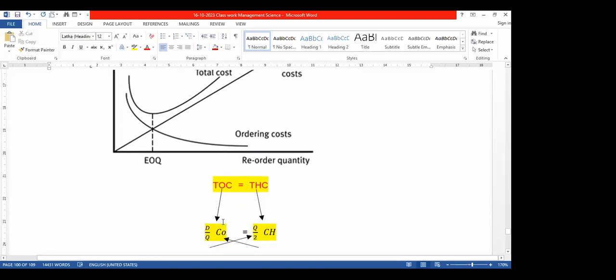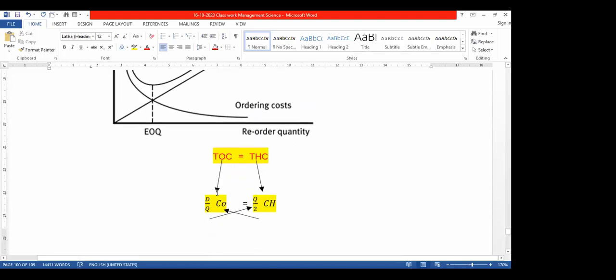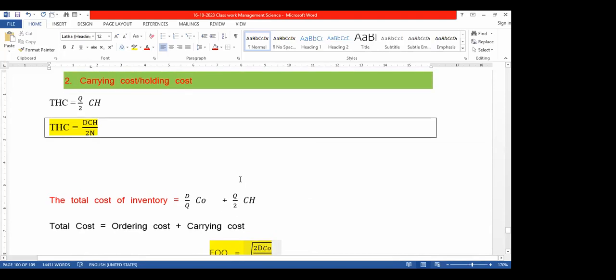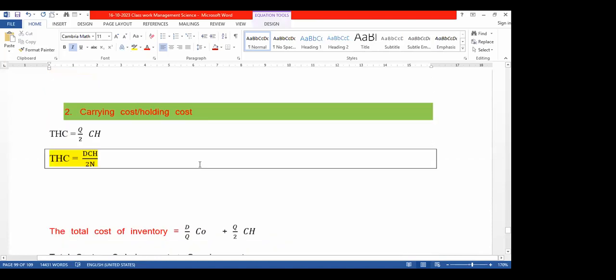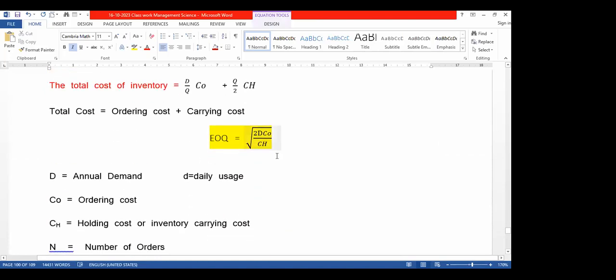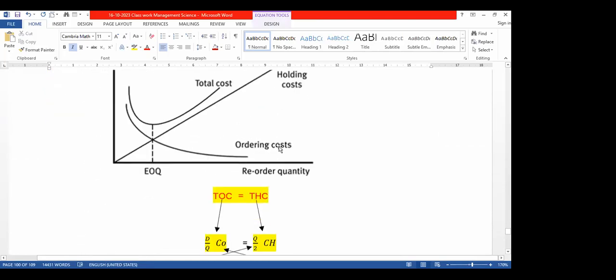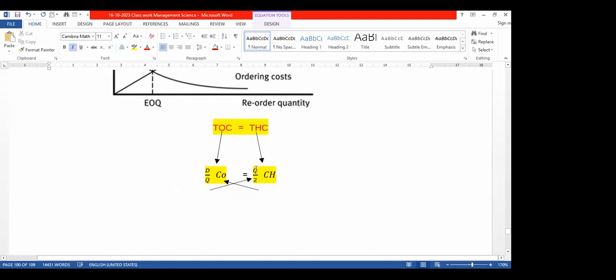Then D over Q, this is a formula you have already learned. Very simple one. This one I'm using. Then the total holding cost also is Q by 2 into CH, average stock, EOQ into CH.